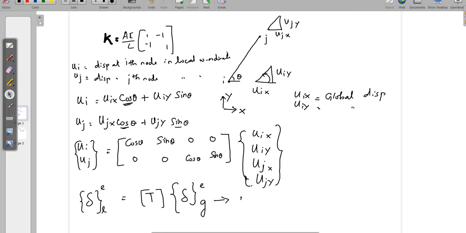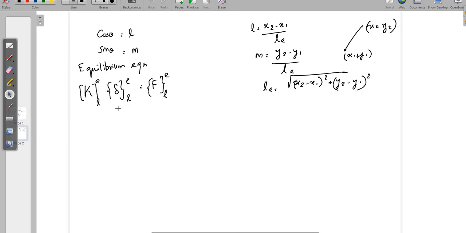Keep this as equation number 1, where you can get the equation for the displacement at element level in local coordinates. So I am going to substitute here. K is not changing for the element in local coordinates.